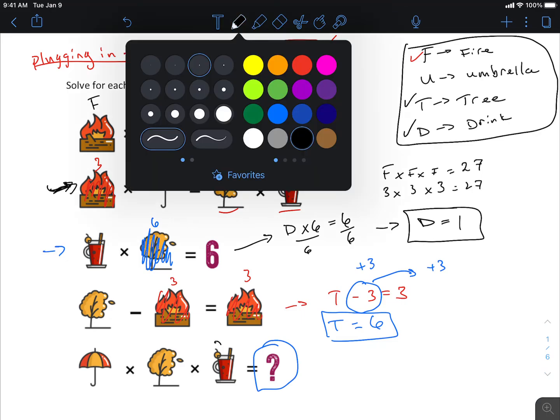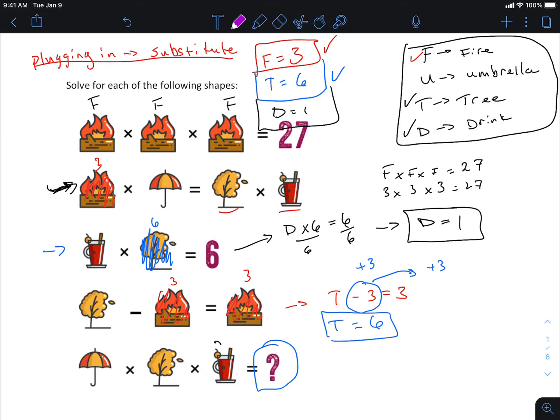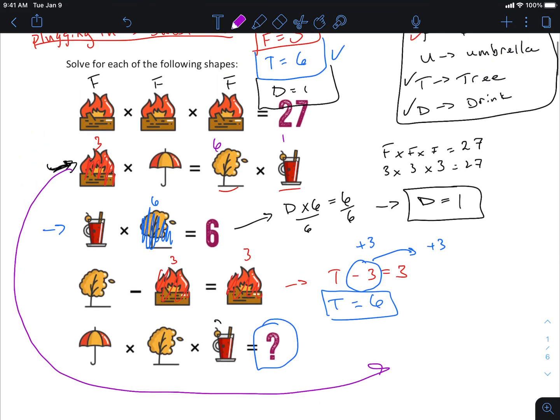And I'm just going to do this in purple so you guys can see everything. So again, you can make your substitutions. I don't know what the umbrella is. It's kind of the question mark, right? But I do know the tree is 6, and the drink is 1. So if I bring this down here and rewrite the equation, I get 3 times an umbrella is equal to 6 times 1.